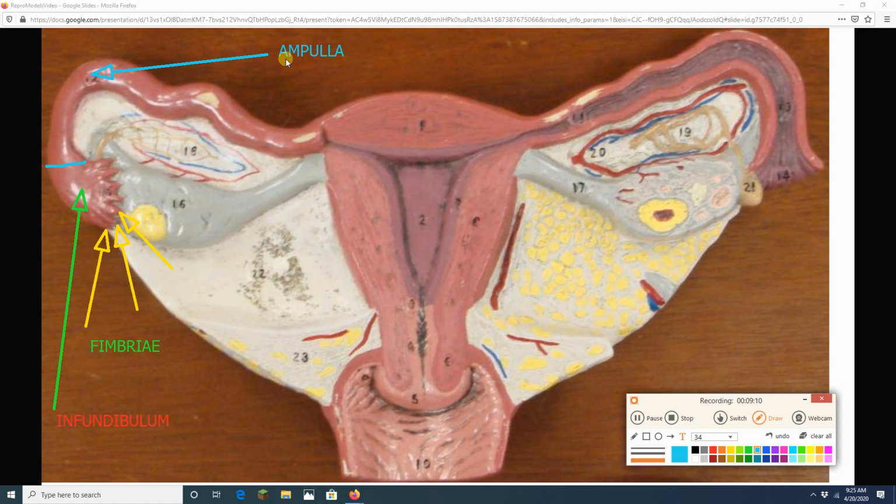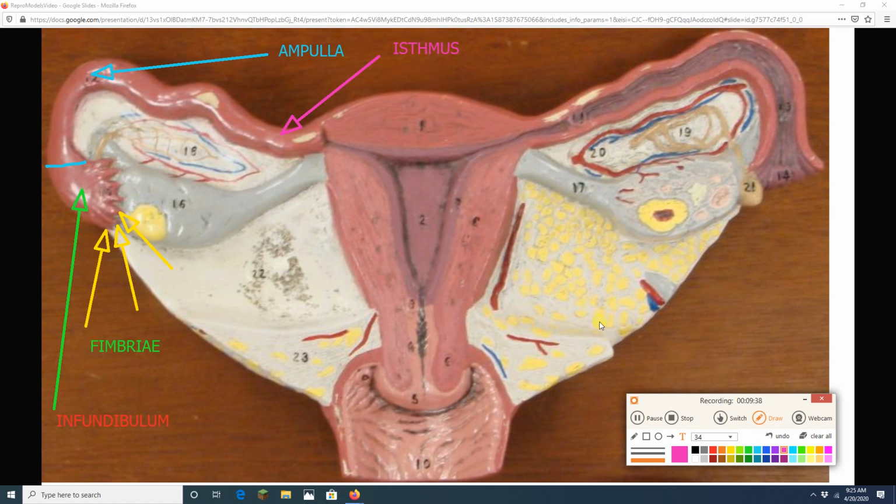Now, by the time the fallopian tube finally approaches the uterus, it starts to get narrow, and the narrow part that we see right here is called the isthmus of the fallopian tube. Remember, of course, from geography class, an isthmus is a narrow strip of land, and that is the isthmus right there.